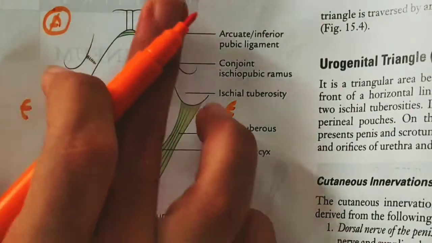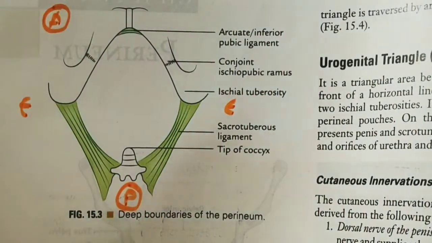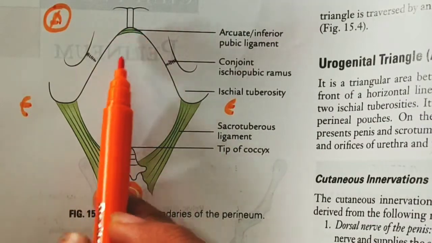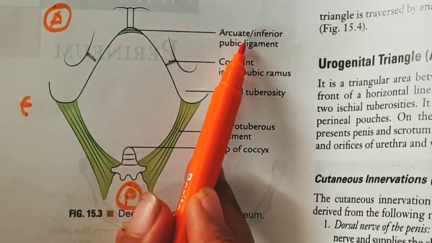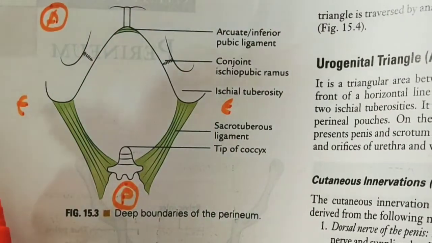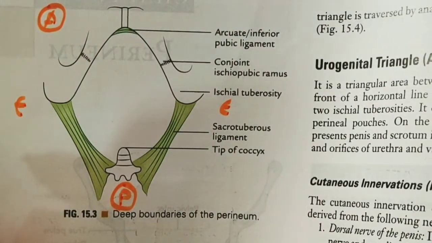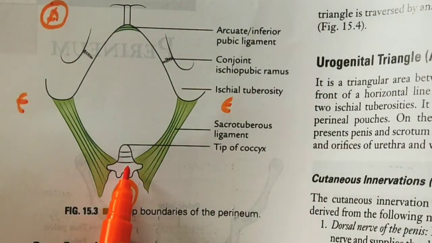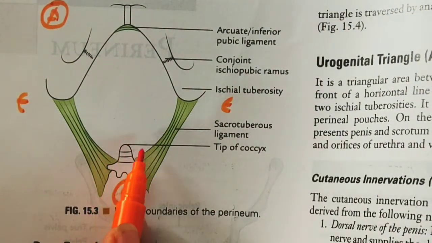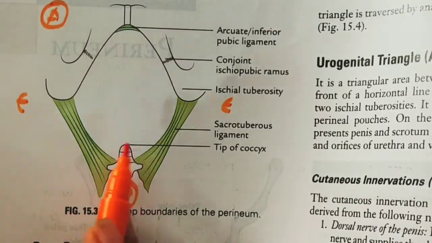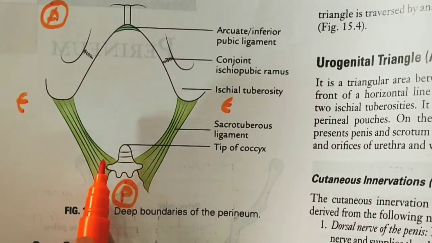On the anterior side there is pubic arch, and below that you can see a ligament called the inferior pubic ligament or the arcuate ligament. The green one is called the inferior pubic ligament or the arcuate ligament. On the posterior side there is presence of the tip of the coccyx.